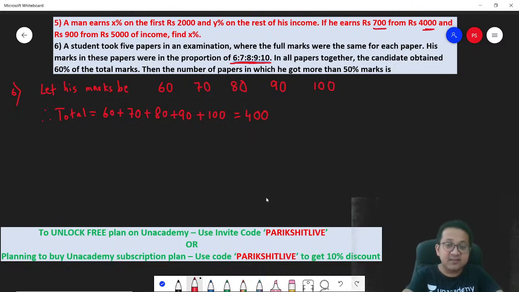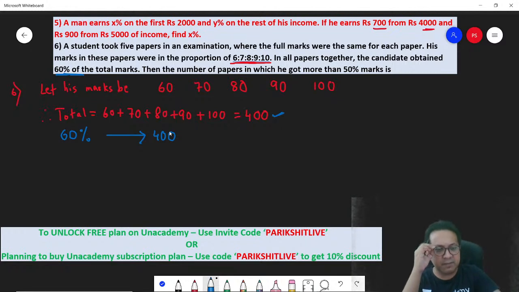And they say the total that he gets is 60% of the total marks. So 60% of the maximum marks in the examination corresponds to his total, which is 400.